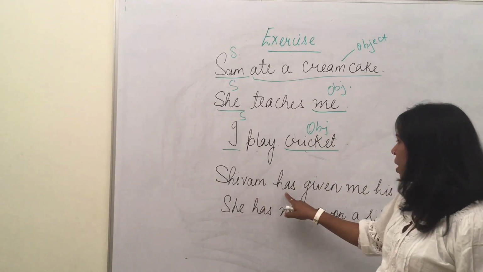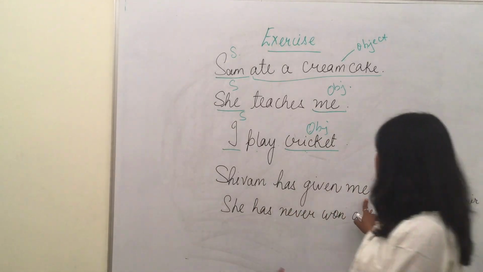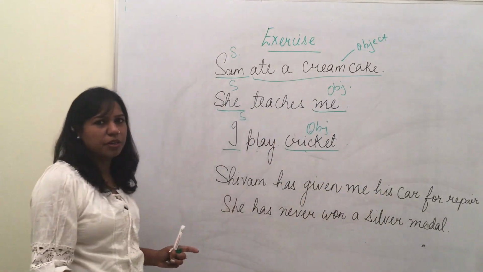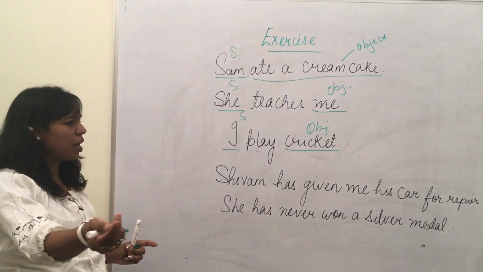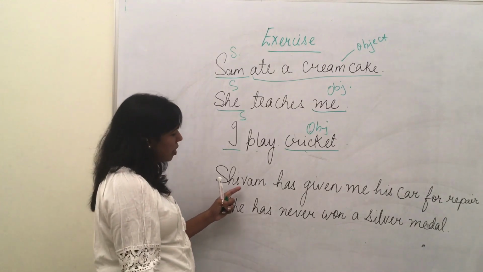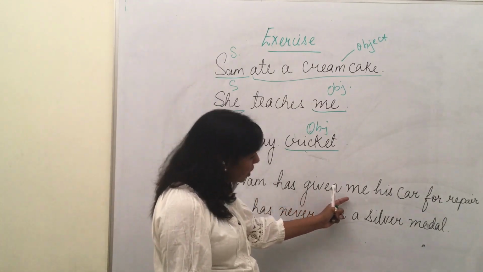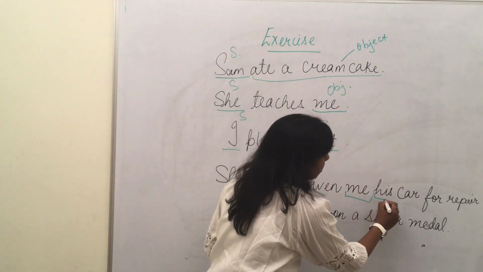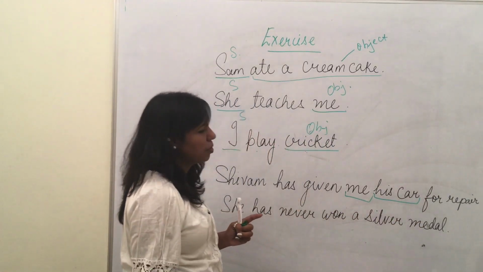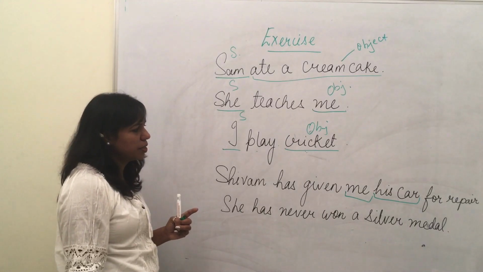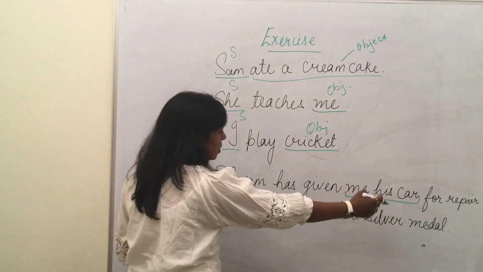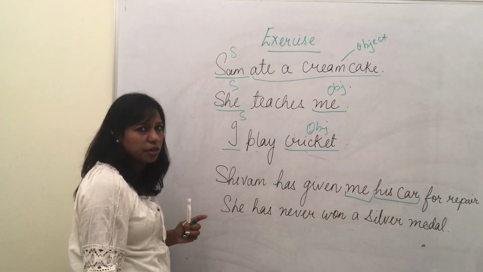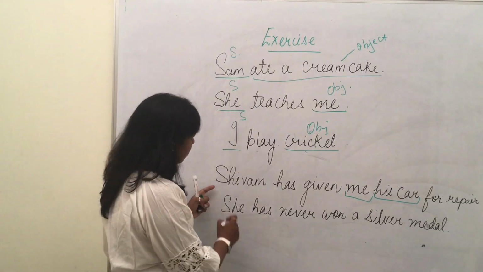Now, Shivam has given me his car for repair. A small further piece of information I'll add with this object here. Shivam has given me his car. There are two nouns here. Me is a pronoun and his car is again a noun phrase.